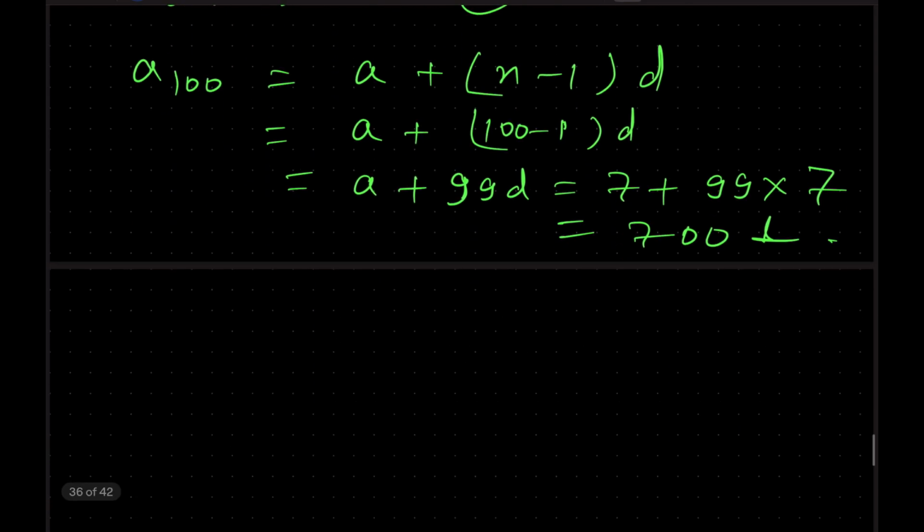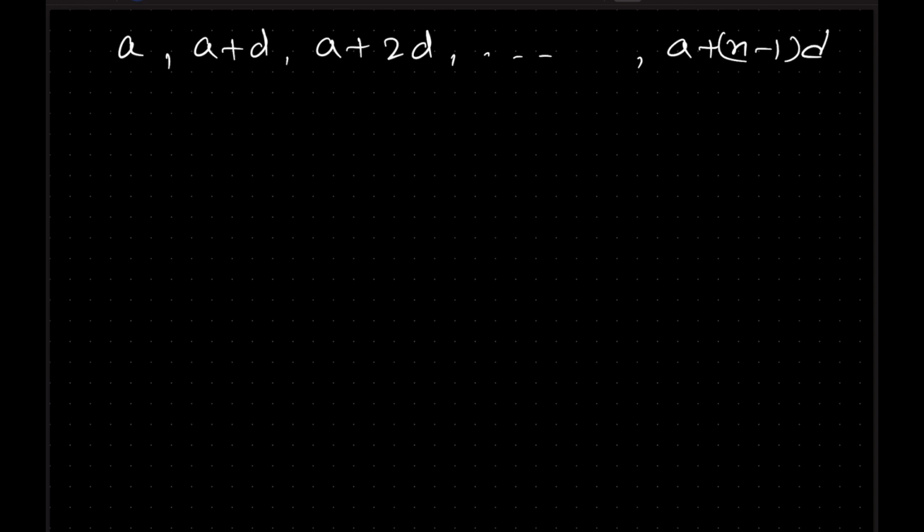Now let's see how to find the sum of the terms of an AP. Suppose the terms are A, A plus D, A plus 2D, similarly up to A plus (n minus 1)D. This is the nth term. You have to find the sum of all the terms of the AP. So how will you find it?